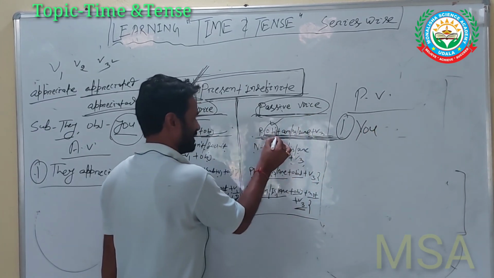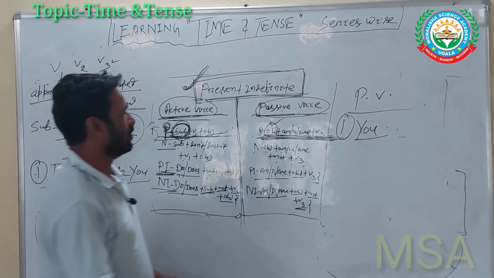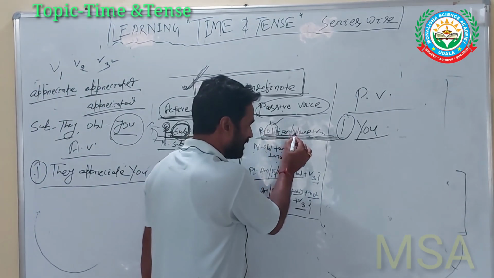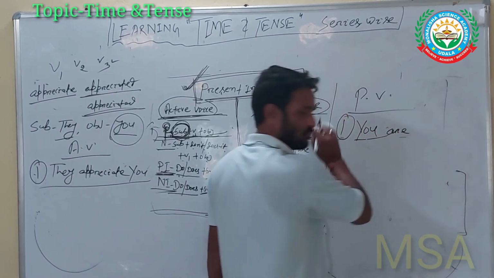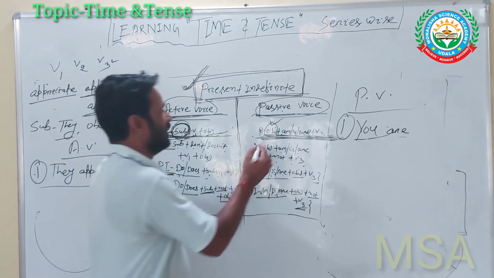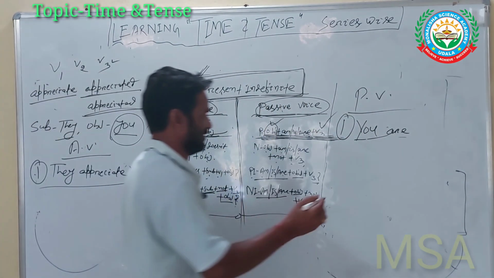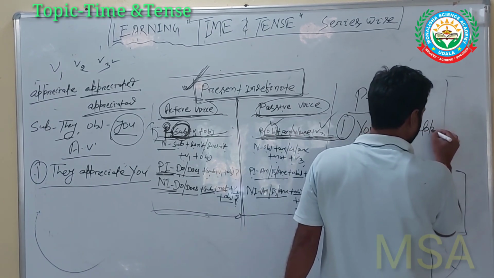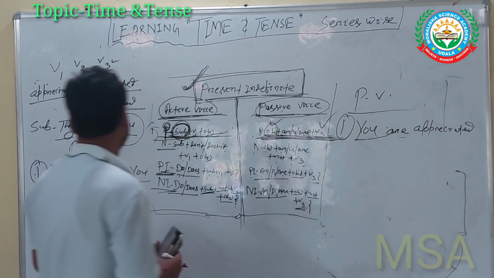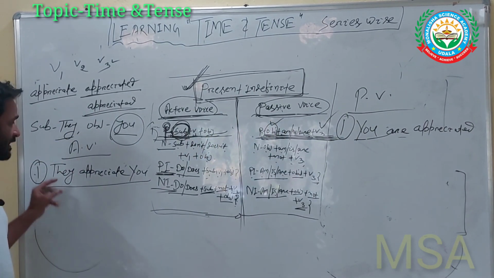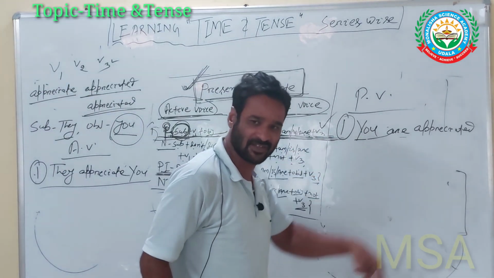Then is, am, are: are is the right option for you. So you are appreciated. In active voice we say they appreciate you. In passive voice it is you are appreciated.